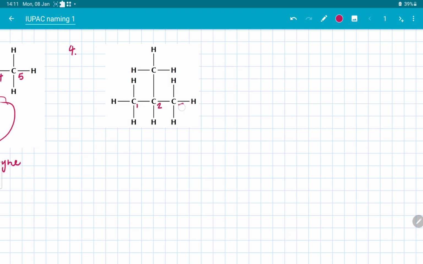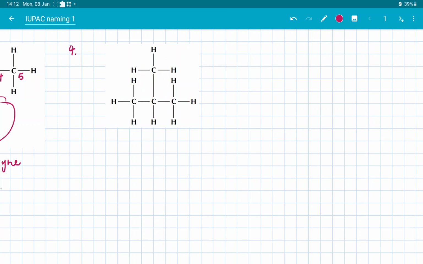1, 2, 3, with a methyl at carbon 2. I start from the left, 1, 2, 3, with a methyl at carbon 2. I count again, 1, 2, 3, with a methyl at carbon 2. Wherever I go, I will have a methyl here.